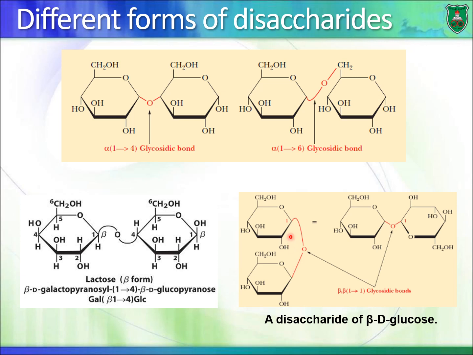So the glycosidic bond is 1,1, I'm sorry, it's carbon number 1 with carbon number 1. So it is a beta 1,1 glycosidic bond. If you corrected me right away, then you're doing really well.